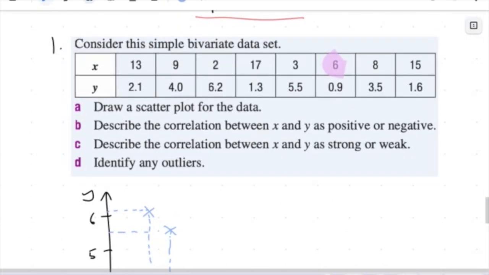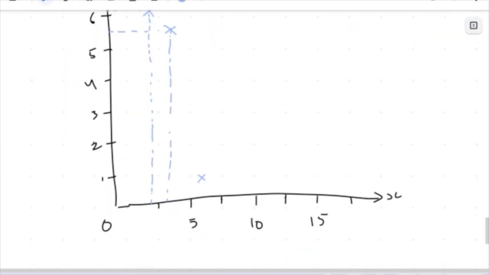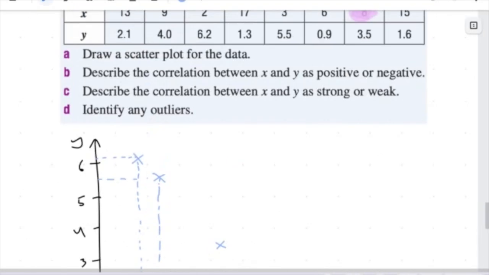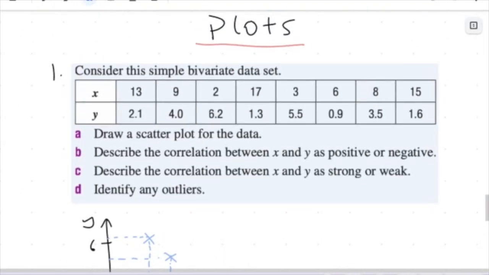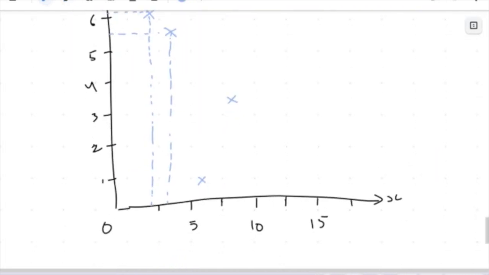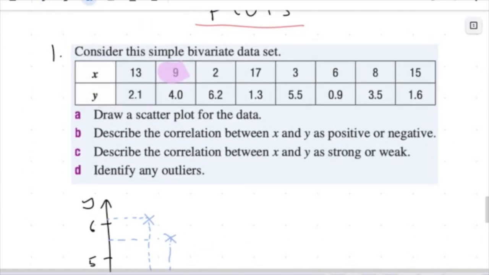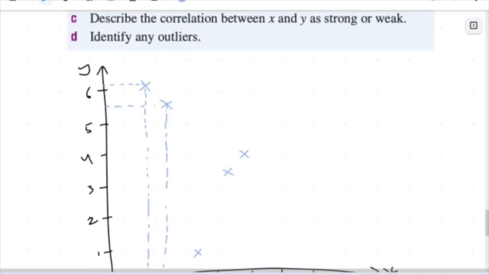My next one is going to be 8, and the y is going to be about 3.5, which is about here. Next x value is 9, so the y is going to be 4 there, so that's about here. Moving along, our next one is 13. The y is going to be 2.1.